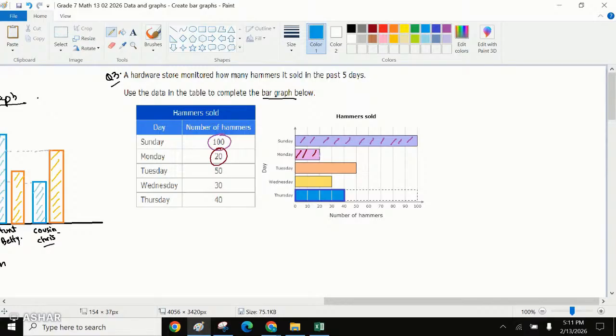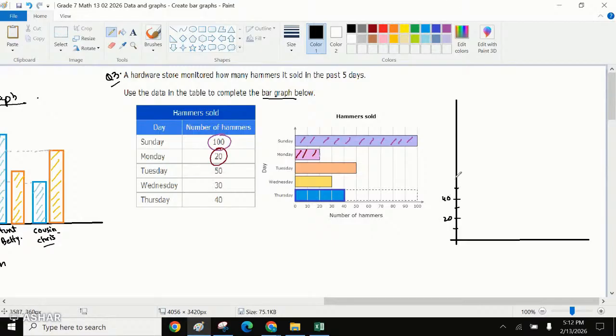But if we wanted to change the axis, then the vertical axis will have a count till 100, right? And the horizontal axis will have these days, 5 days. So we can say this was 10, 20.